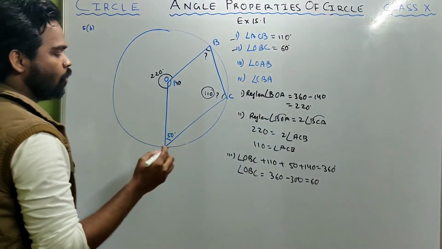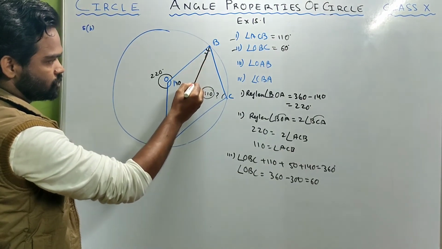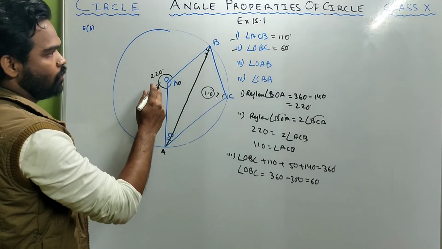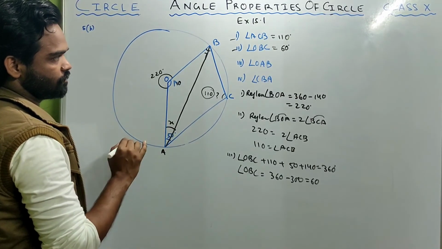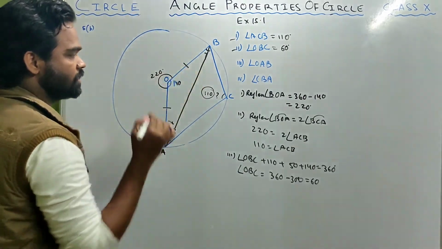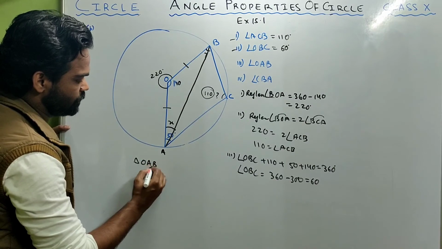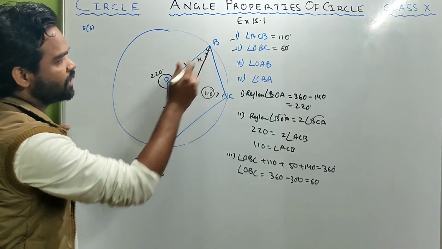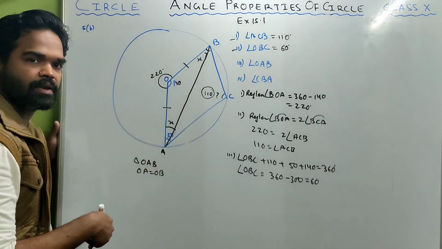Done. Then OAB. What I'll do, I'll join this. OAB, which means this angle. Suppose this is X. Now OA and OB are the same radius in triangle OAB. OA equals OB, which means if this is X, this has to be X. In an isosceles triangle, the base angles are equal.